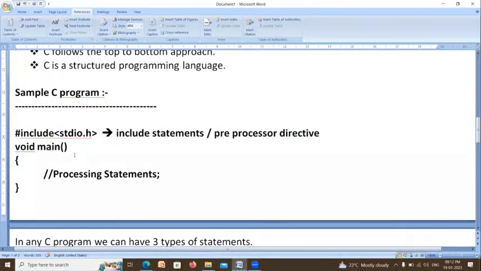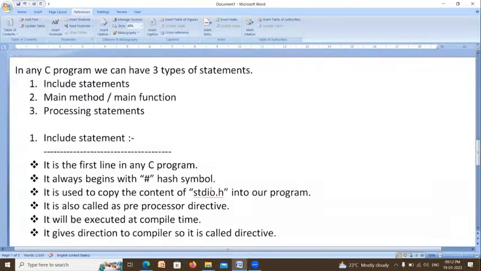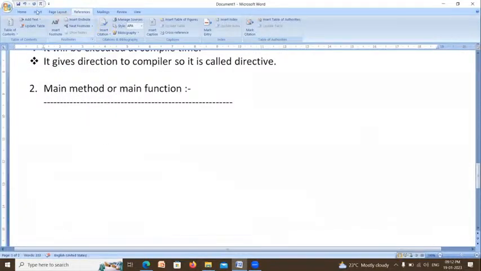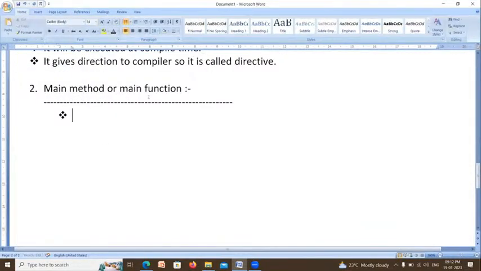The compiler always checks where void main is, and from there the execution begins. So it is called the first executable statement.